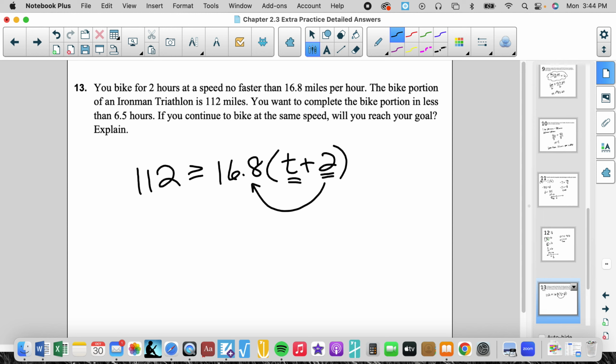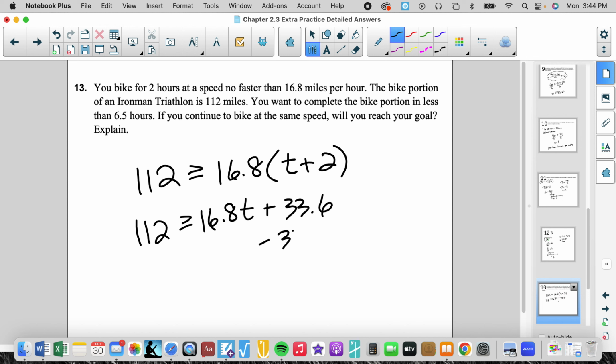Okay, so in less than 6.5 hours. Well, let's see. So what are my solutions, right? 112 is 16.8t plus 16.8 times 2, which is 33.6, minus 33.6.